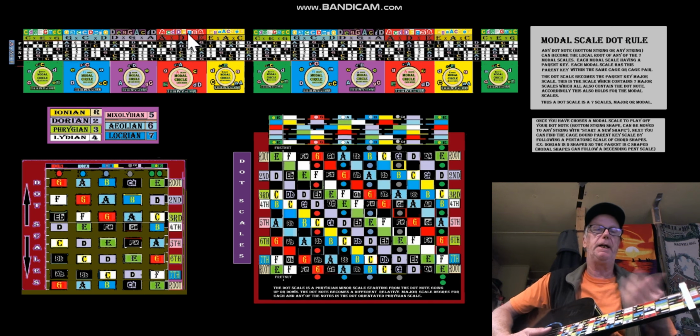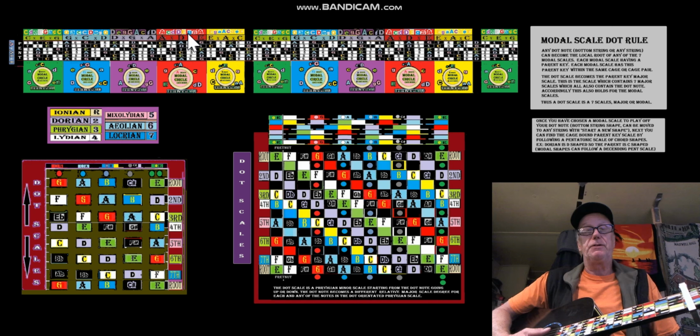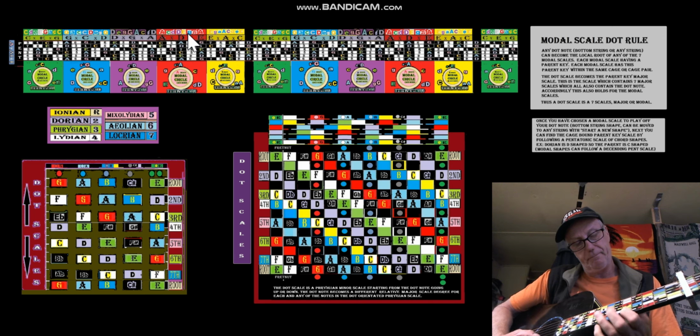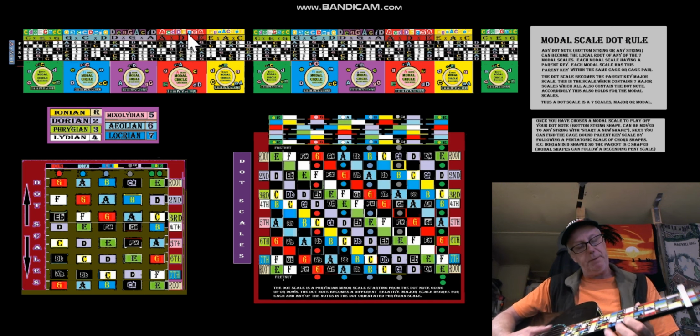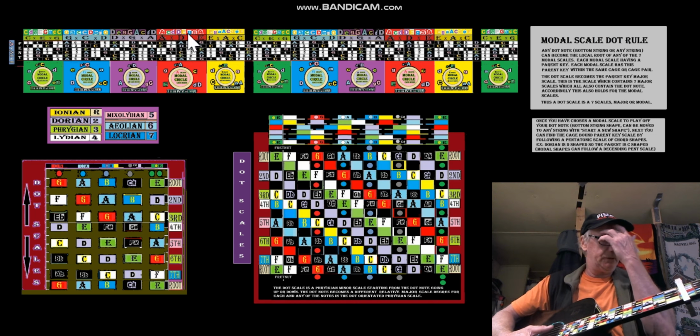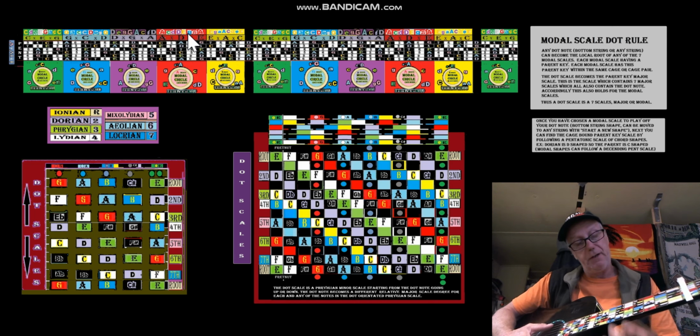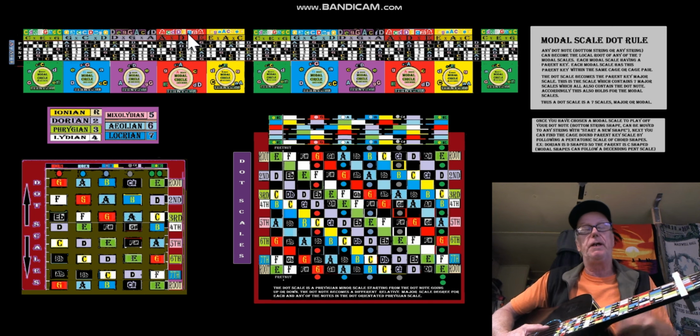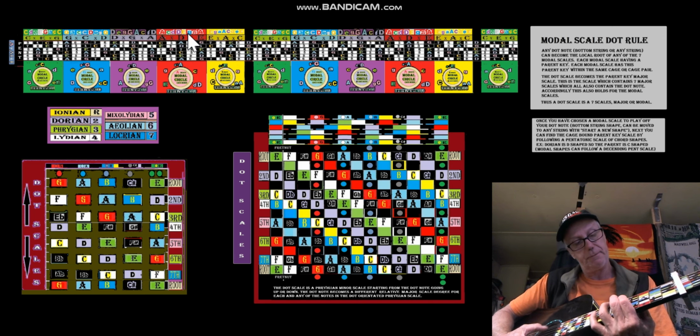So you can play a Mixolydian scale there. You could play the A shape. That would be a Mixolydian scale only because it started from the fifth, but pretty much any of the modal scales will become the major scale when you get to the major note.